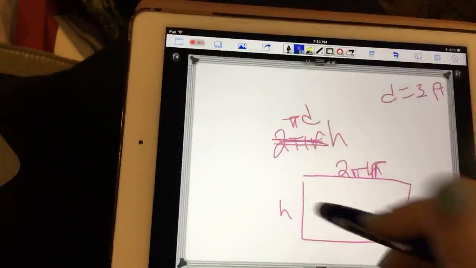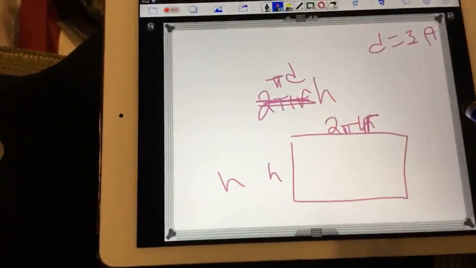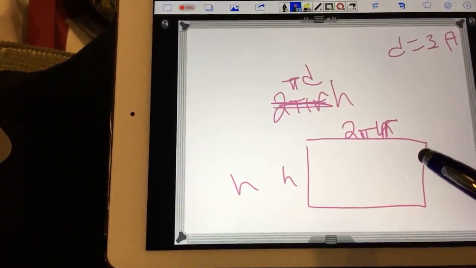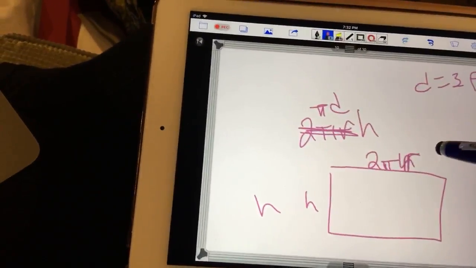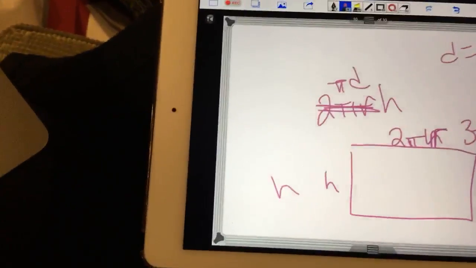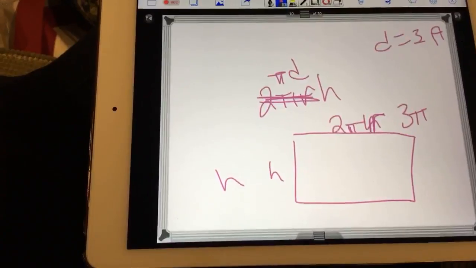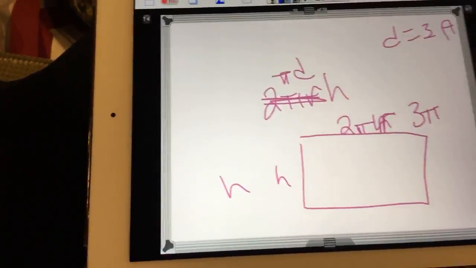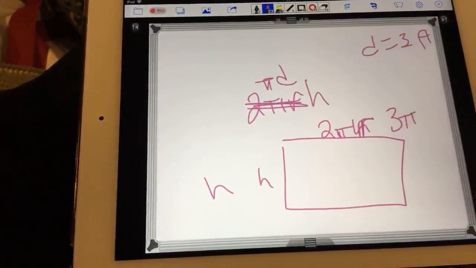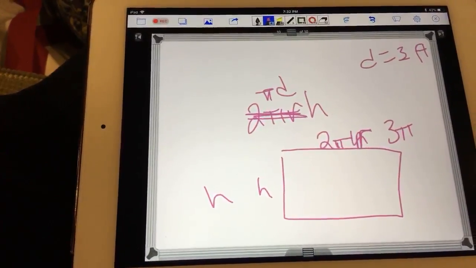So the height is going to be 12. The circumference is going to be 3 pi. So this is going to be 3 times 12 times pi, which is going to be 36 times pi.